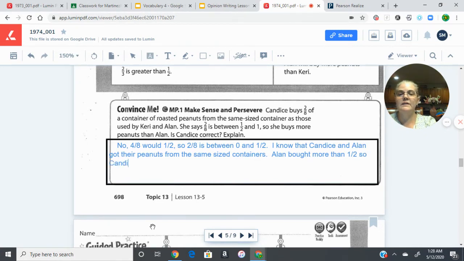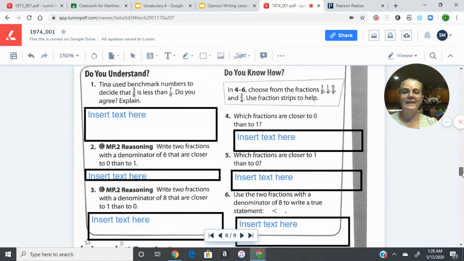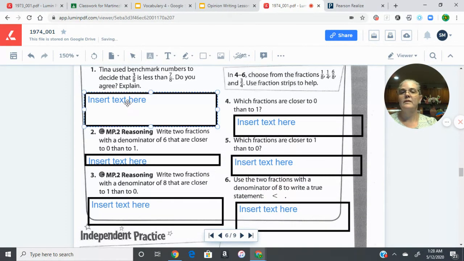So Candace did not have more than Alan. You may pause and get that written down. Let's get my things set up here so I can see them a little easier. All right, I wrote my things down just so that it'll be a little faster for you guys.